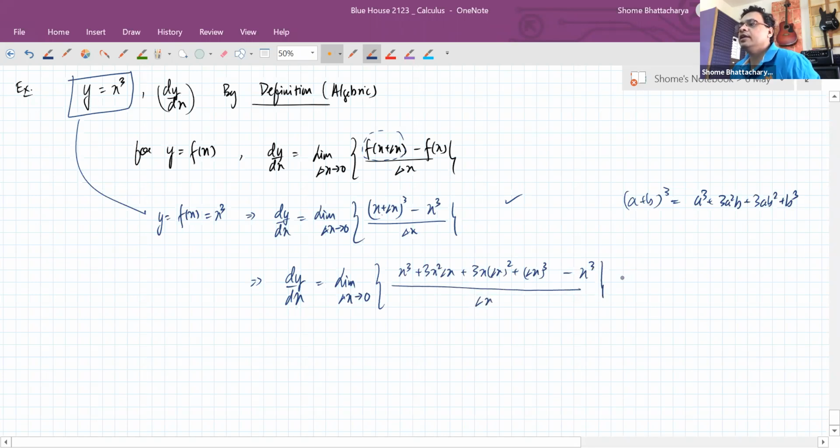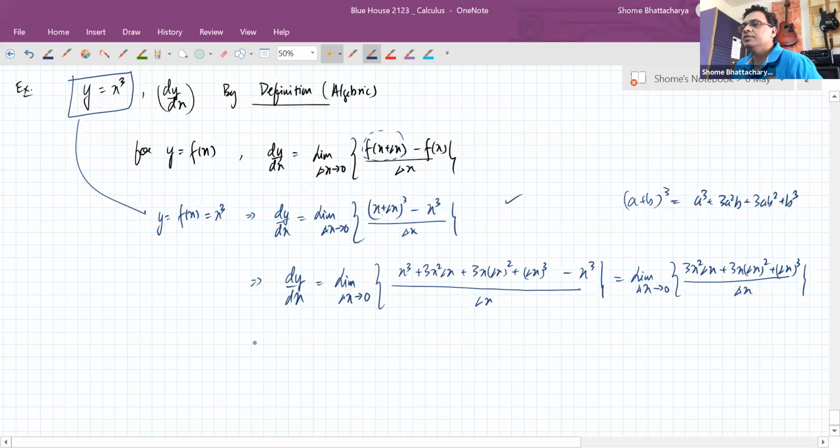So I can get rid of the x cube. So this will further give me 3x squared delta x plus 3x delta x squared plus delta x cube. So it is somewhat simplified, but still you can see that if I substitute delta x as 0, I'm still getting 0 by 0 form.